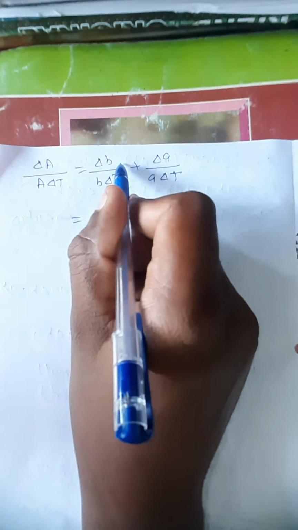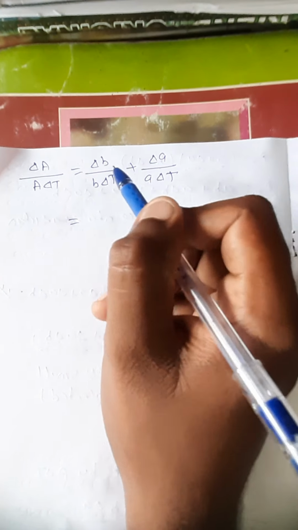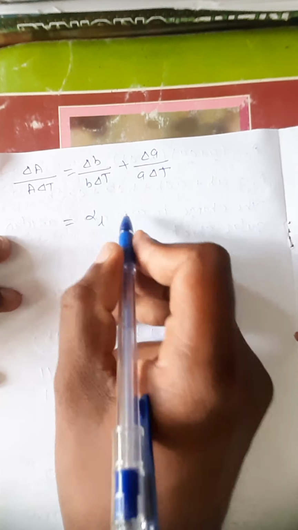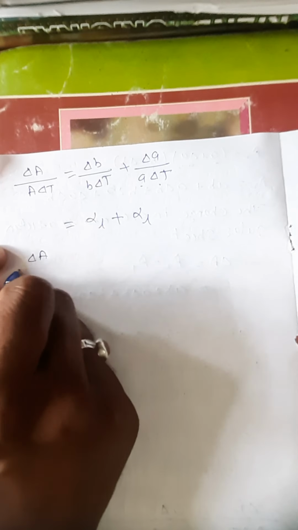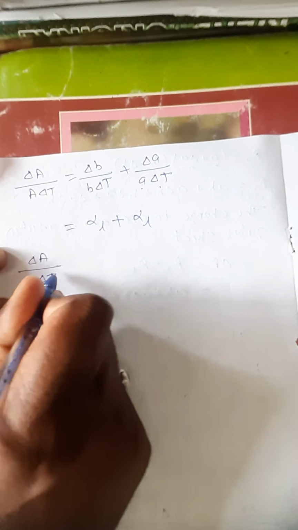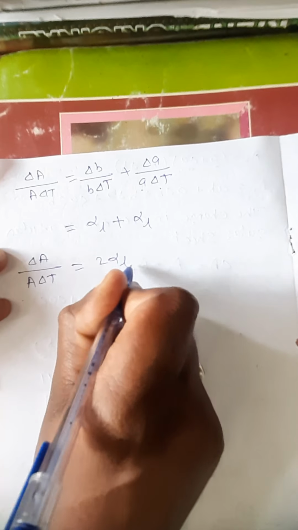Then we know that delta B divided by B into delta T is nothing but the coefficient of linear expansion, plus delta A divided by A into delta T, which is also the coefficient of linear expansion. Therefore delta A by A into delta T is equal to 2 times the coefficient of linear expansion.